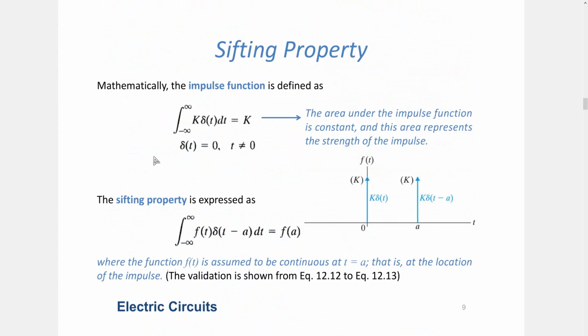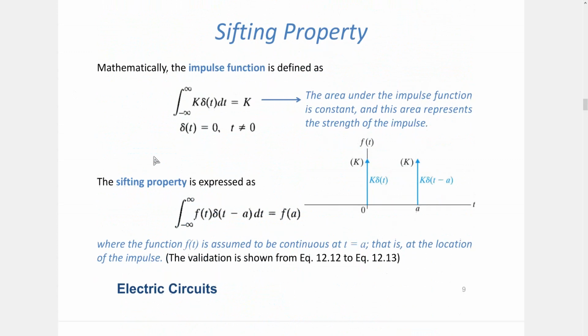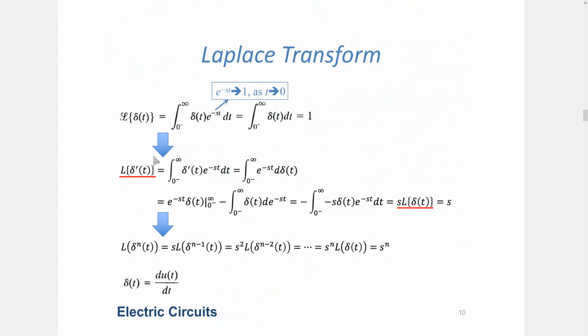It's a kind of a weird function when you compare it to your previous experience, but it's integrable as it's zero everywhere, but only at t equals a or at some particular point. And the value of the function at that point will be the value of the integral. So we can use this property to calculate the Laplace transform of it.